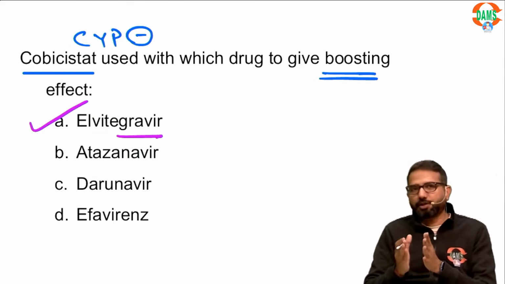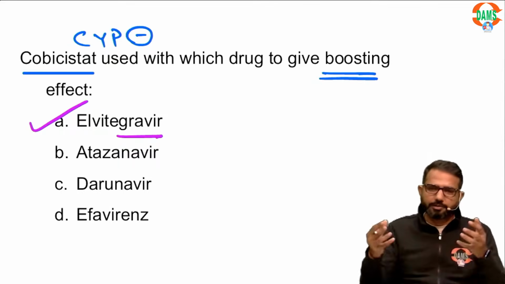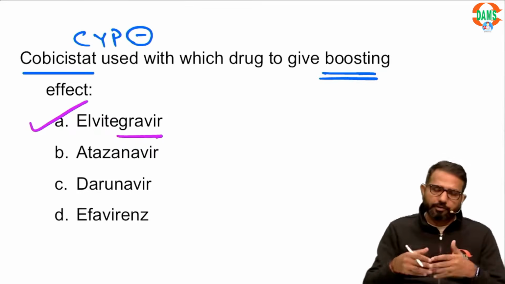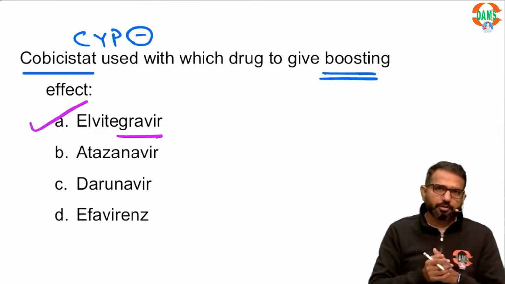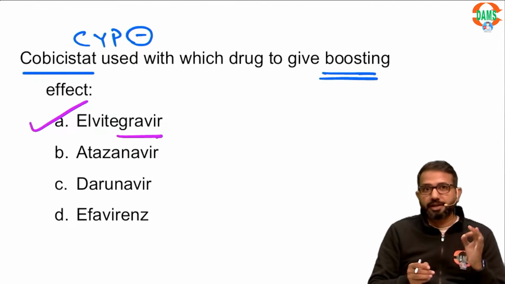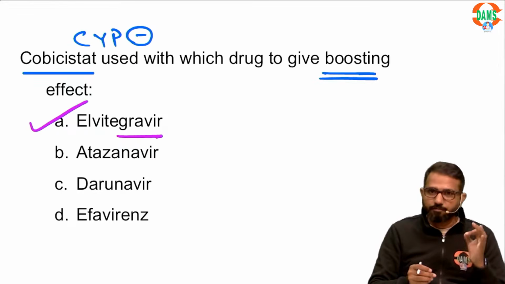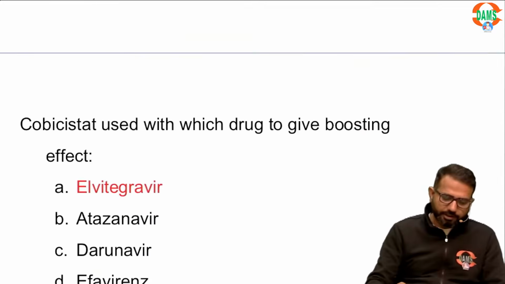Atazanavir and darunavir are protease inhibitors, which have their own booster, the ritonavir-lopinavir combination. But cobicistat is a CYP inhibitor especially approved with the integrase inhibitor. Elvitegravir is the integrase enzyme inhibitor. That is the direct question.